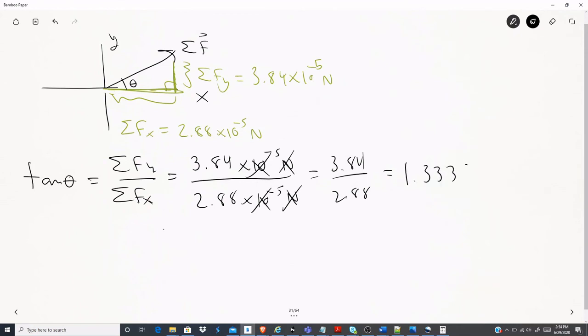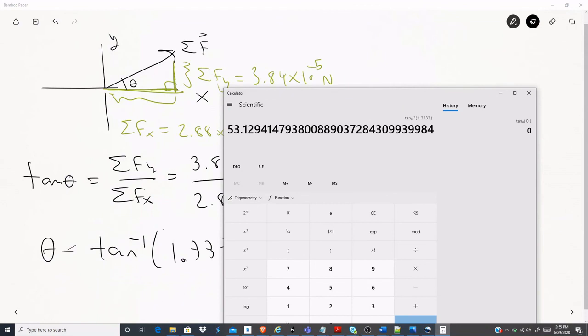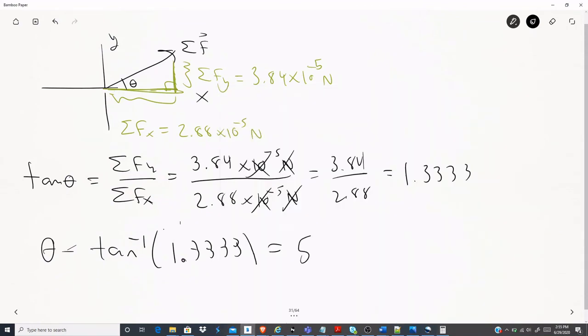And I'll just put a couple of threes here because, like I said, I'm not going to round on intermediate steps. At least I'm going to try to minimize that. And then theta is tangent inverse of 1.33, because that's how you solve for theta. If you have theta equals tangent of something, you take the tangent inverse of that thing. And I get 53 degrees, 53.13 degrees. So I've got 53 degrees as my answer.